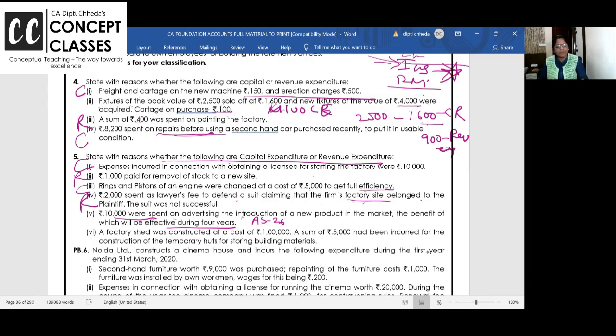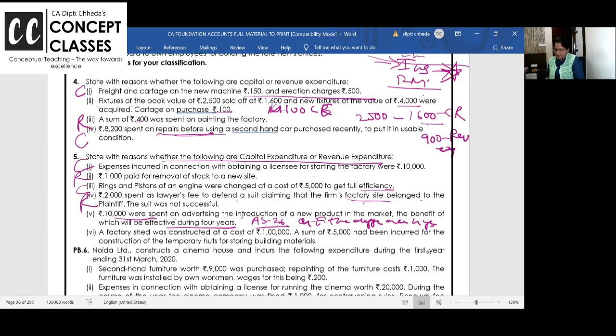So for the 10,000 spent on advertisement, you should write both answers in the exams. Either you can defer it over 4 years or as per AS 26 write it off. See, the basic nature of advertisement is revenue. But instead of 1 or 2 years, you paid it together for 2-3 years. So write it off. No problem.